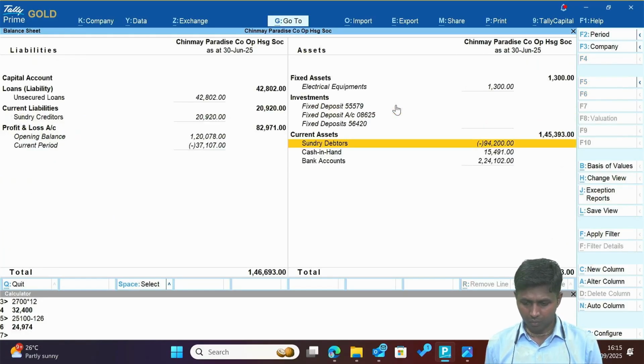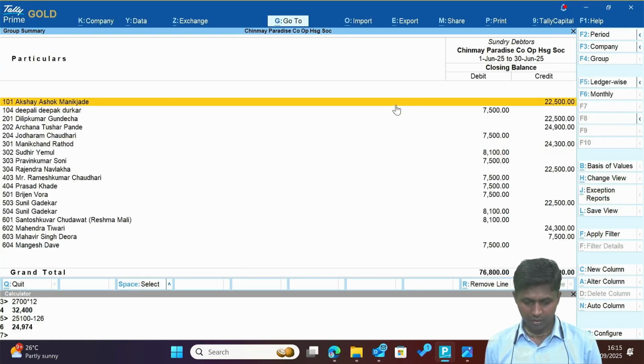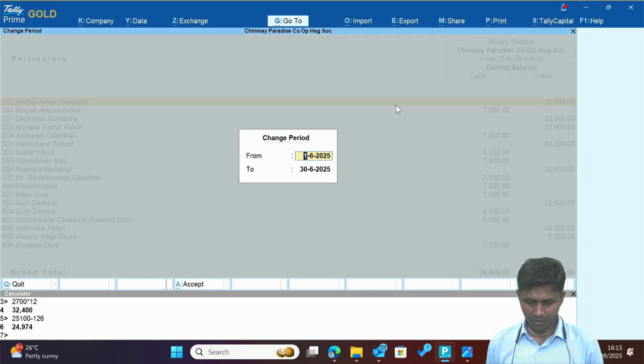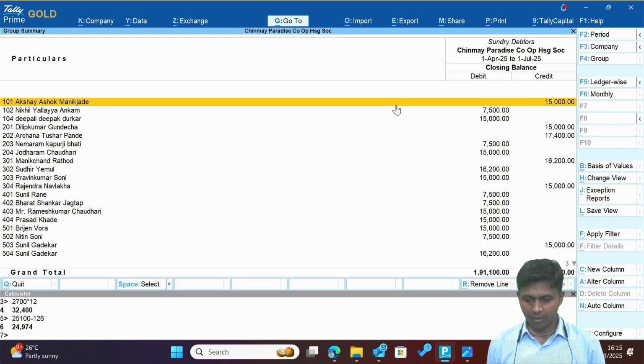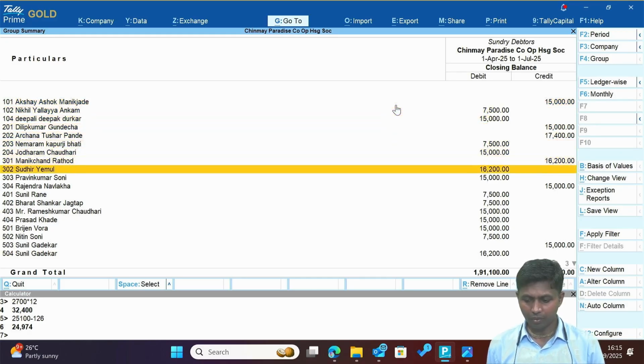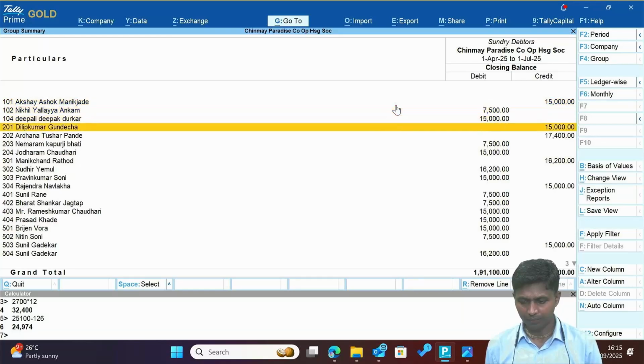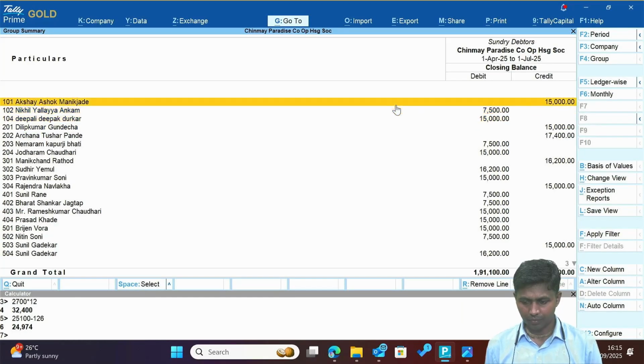Now do one thing, balance sheet, just select the sundry debtors group and give the period like 1/4 to 30 June, or instead of 30 June, you will say 1st July. If you find balance on 1st July, then we'll provide the penalty.